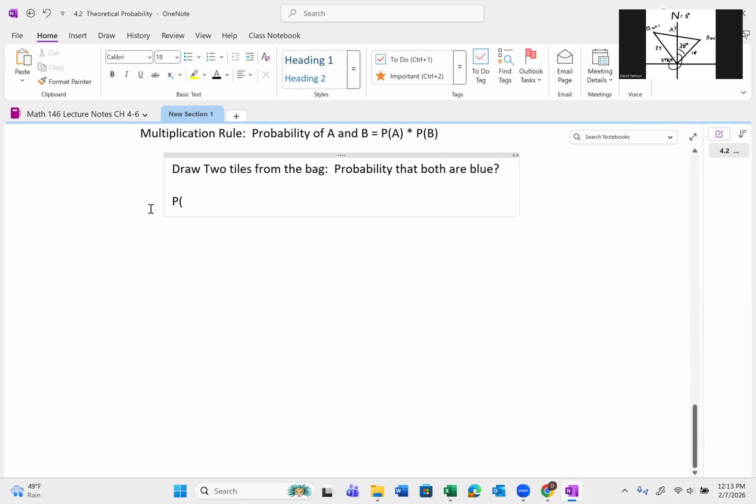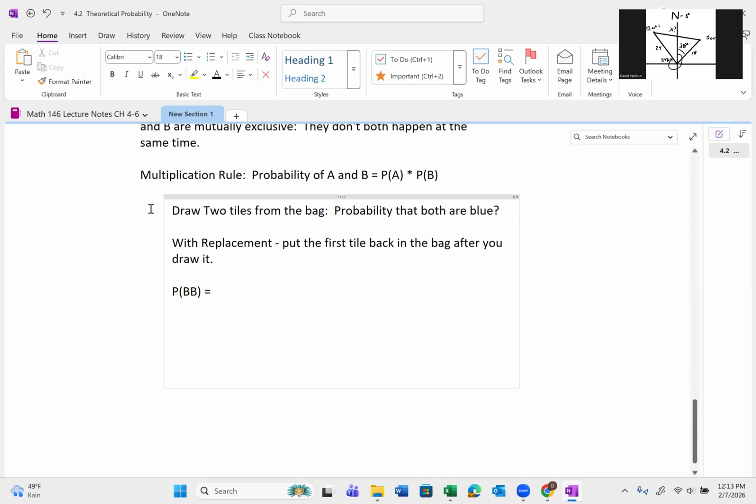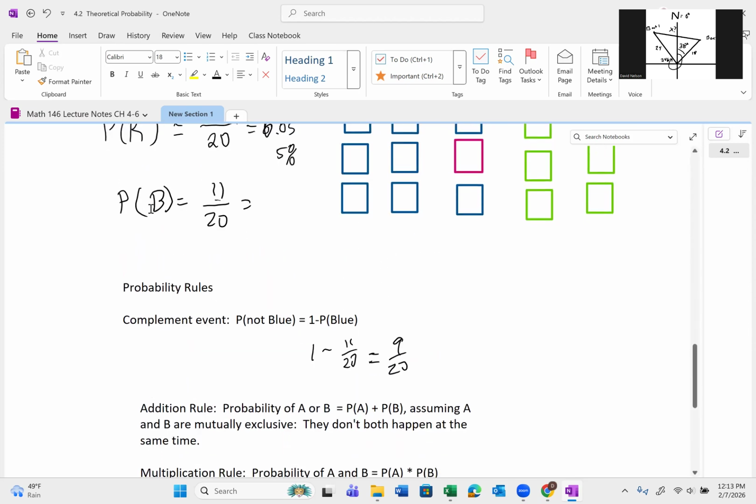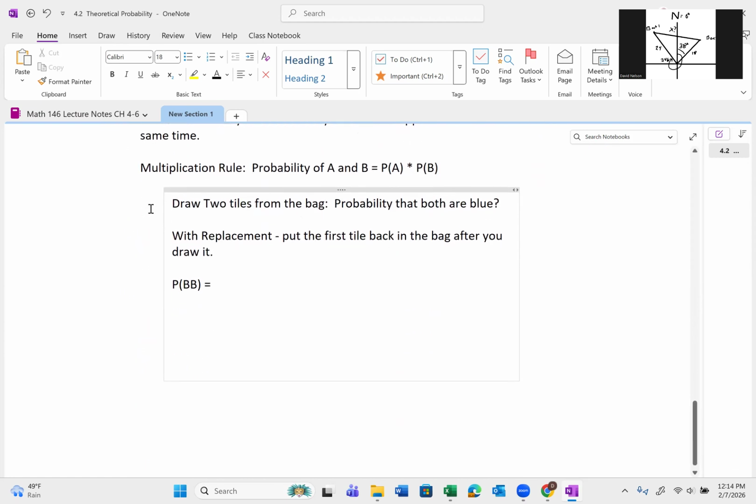Well, there are kind of two ways to do that. There's with replacement, where you put the first tile back in the bag after you draw it. So the probability of blue and then a blue, if I remember correctly, was 11 out of 20 based on the sample we were using above.